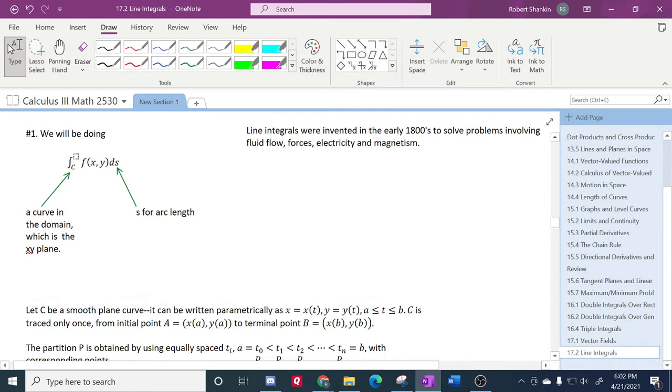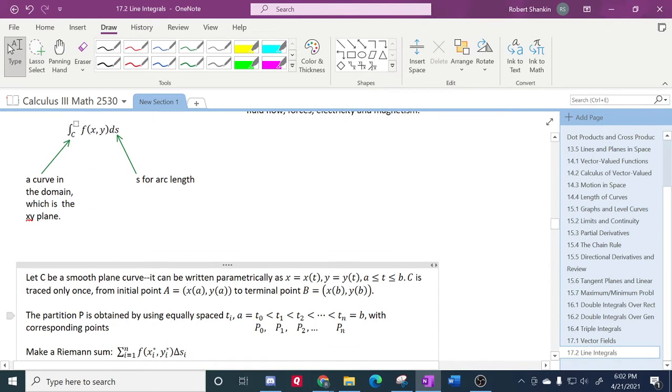Now, the partition P is obtained. Now, this isn't the way the book does it, but this is the way I usually introduce some new integral, with equally spaced t sub i, so that t sub 0 is a, and the last, t sub n, is b, and all the other t's.